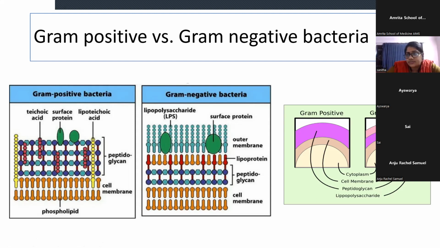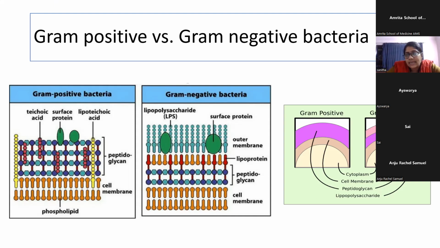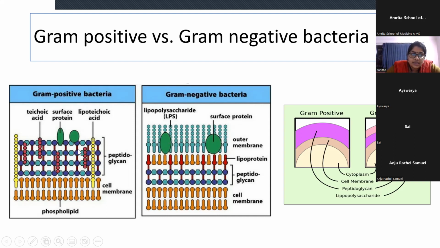So gram-negative bacteria are a little more advanced in their cell wall composition, and hence they are a little bit more resistant to treat.